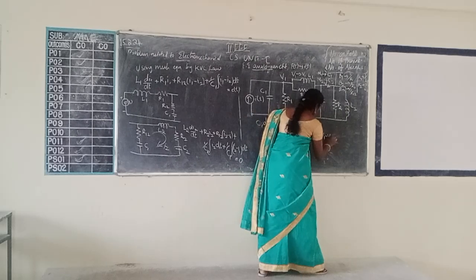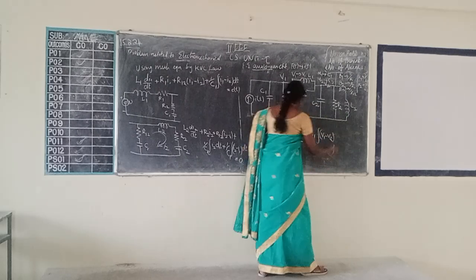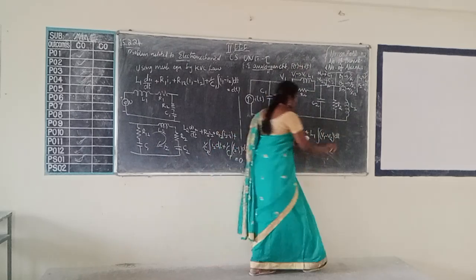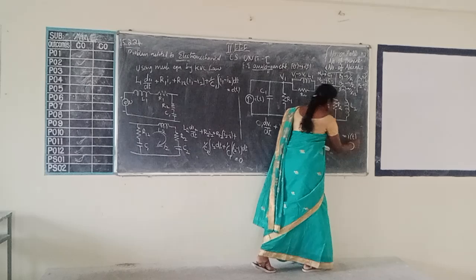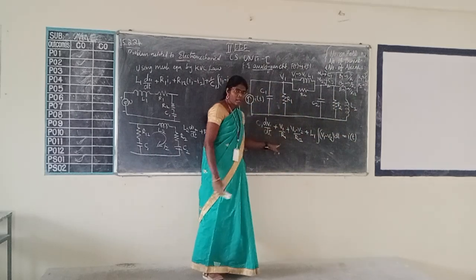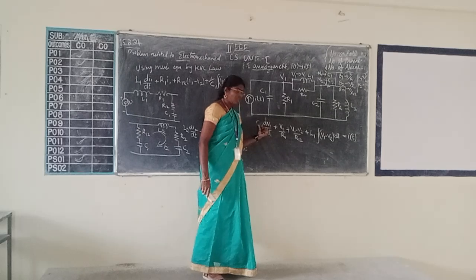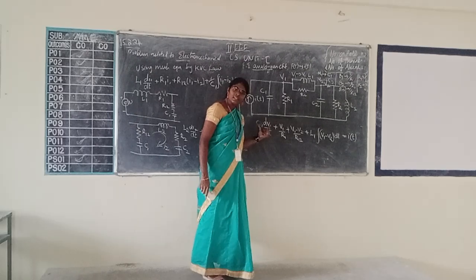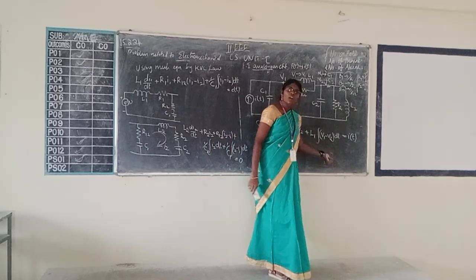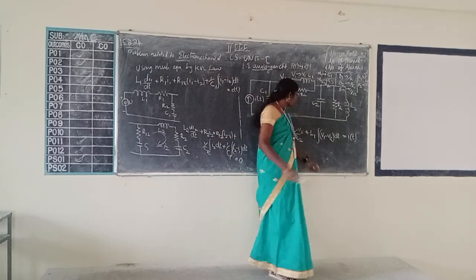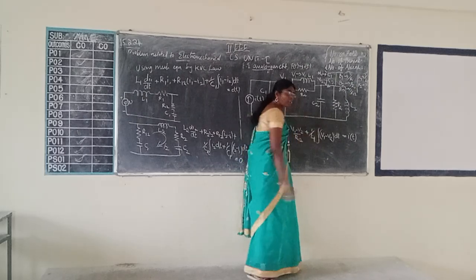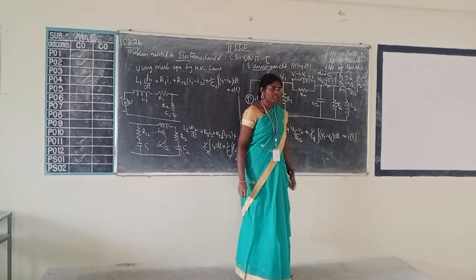Here the current I of t is equal to V by R. So for resistance it is V by R, and for capacitance it is C into dV by dt, and for inductance it is 1 by L1 integral of V1 minus V2 dt.